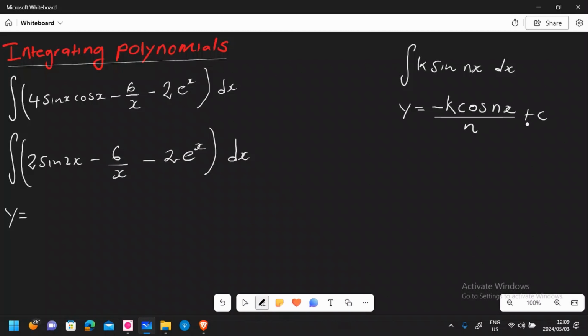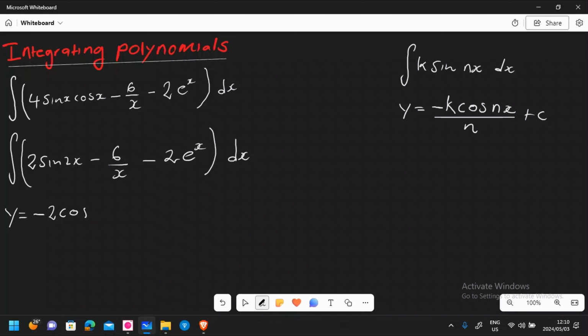This c represents the indefinite integral, which also indicates that we have integrated the problem. So how are you going to do this? In this case, our k is 2. So don't forget, now we have to have a negative to show that our integral is supposed to be negative. So k is 2, we are fine there.